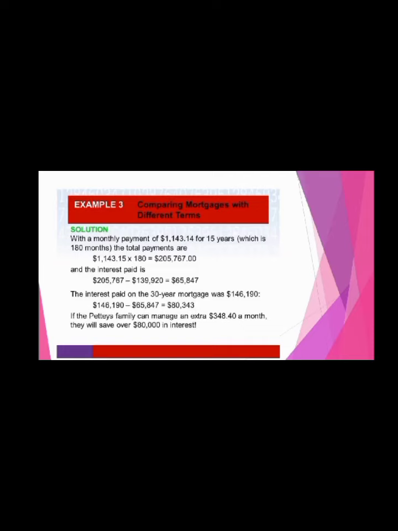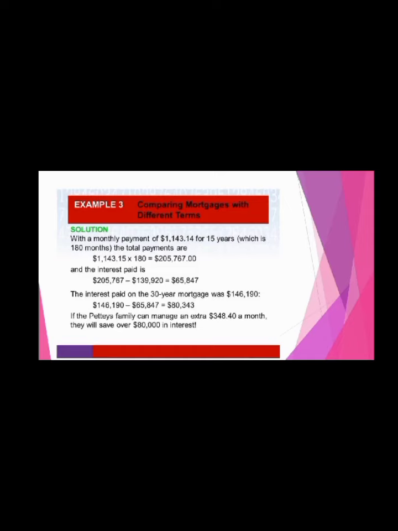And the interest paid is $205,767 minus $139,920 is equals to $65,847. So, the interest paid on the 30-year mortgage was 146. So, ang kaning 146 is ang interest loan, which is nakita nato sa example number 2.